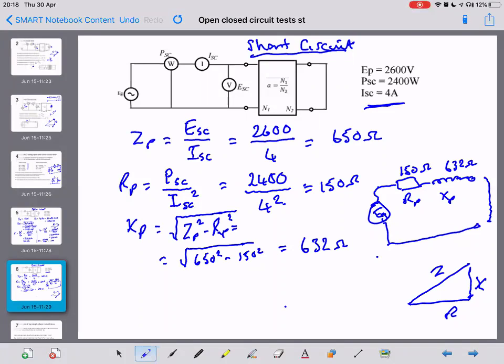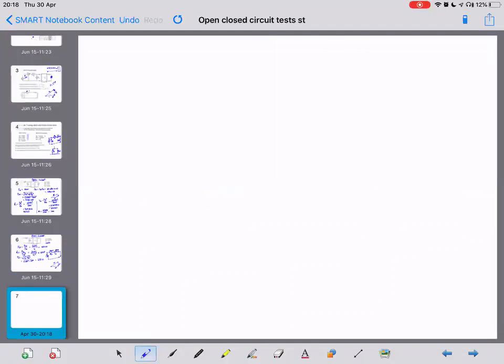So what we can do now is start a new page. Here's our model. I'm going to apply an EP of 69 kV.